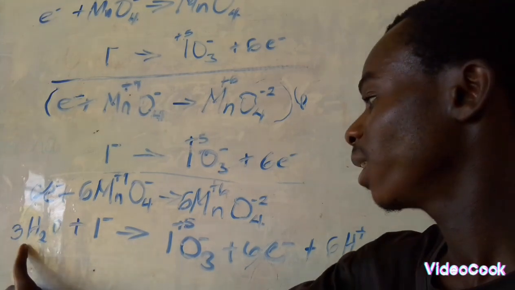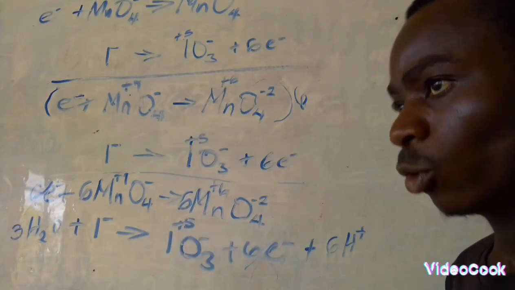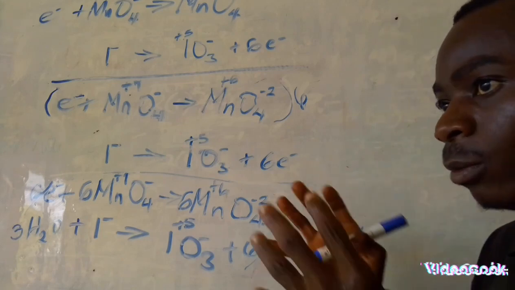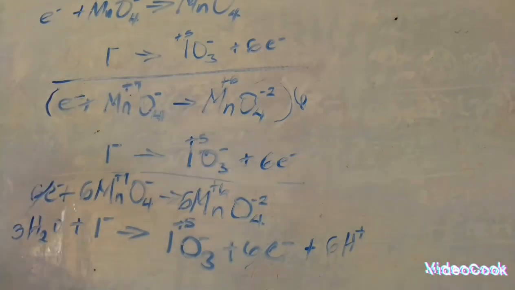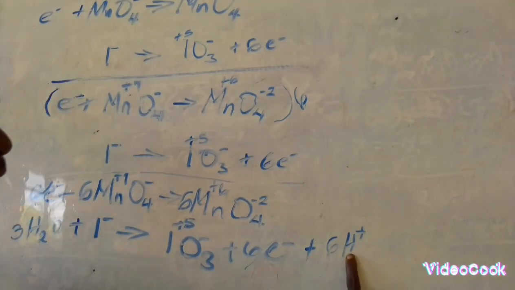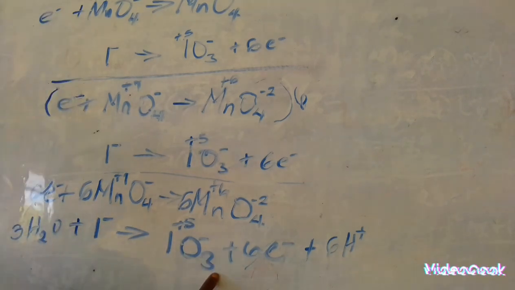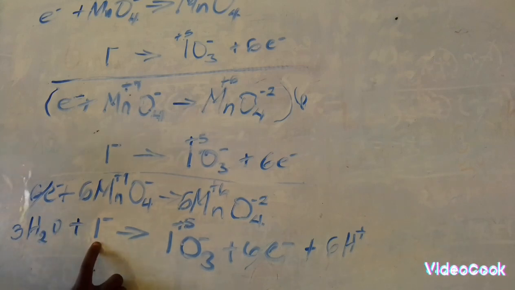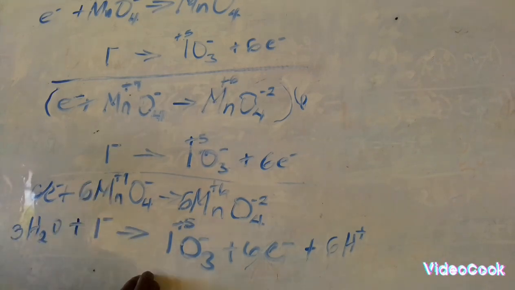Now let's check them all and bring them together. We have 6 hydrogen ions here and 6 hydrogen ions there. We have 3 oxygen and 3 oxygen, and 1 iodide and 1 iodide, and that's it. That means this other half reaction is balanced.